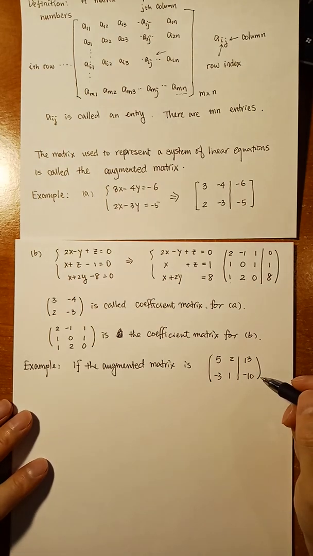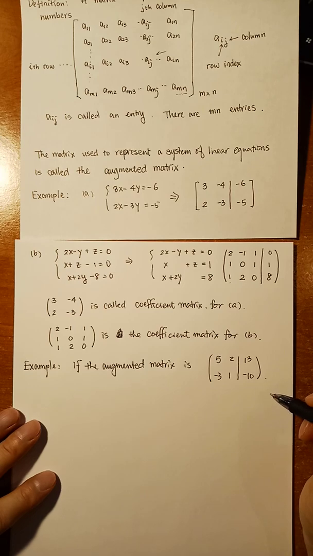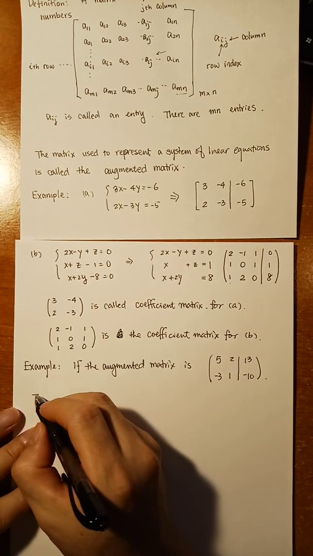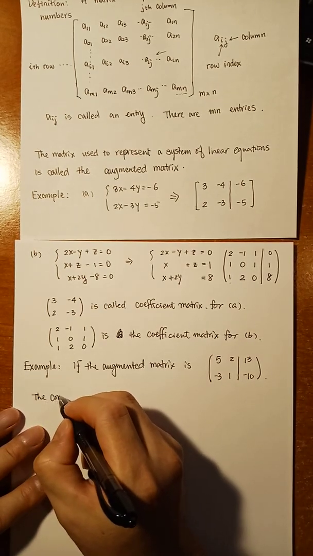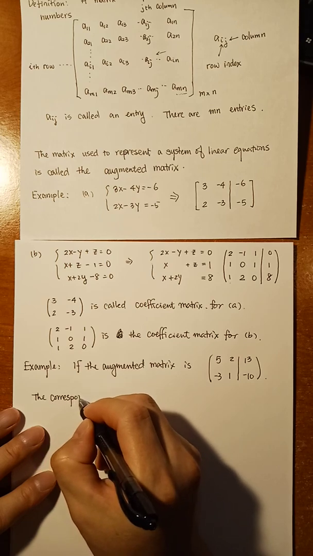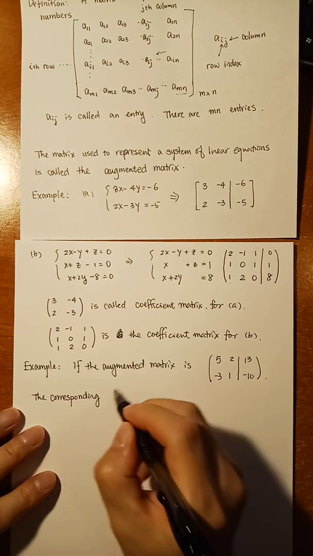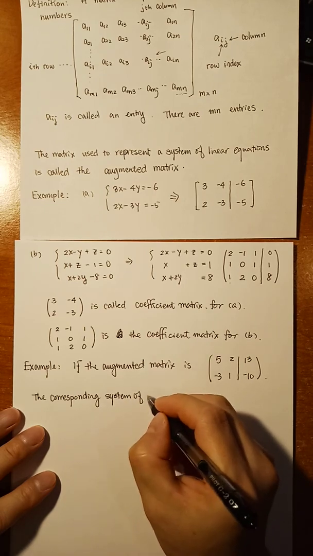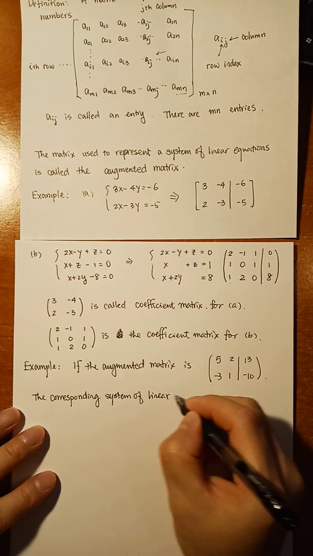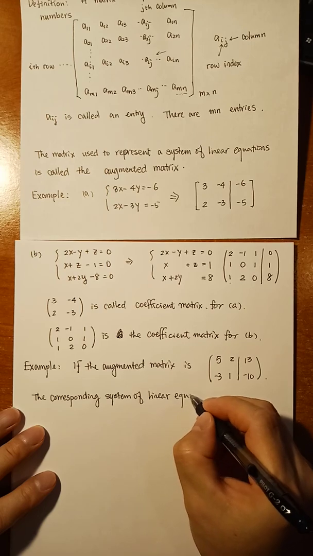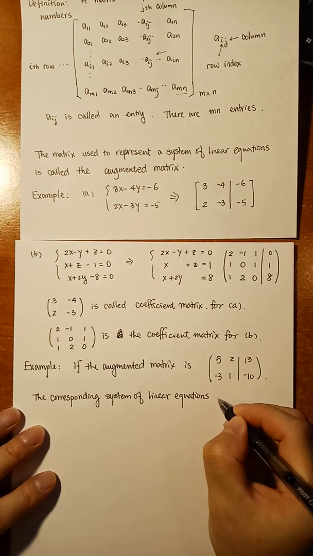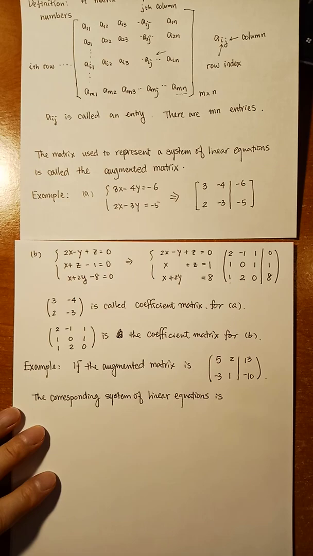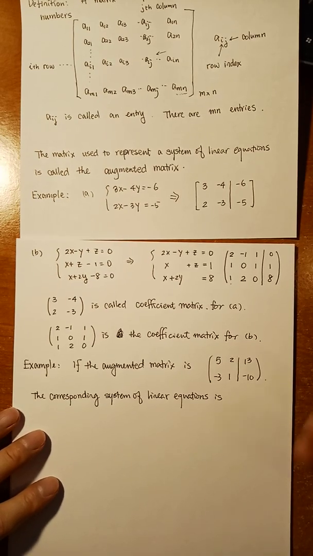Then what is the corresponding system of linear equations? The corresponding system of linear equations is, well, usually we use x and y. We usually use x and y for 2 variables, x, y, z for 3 variables.